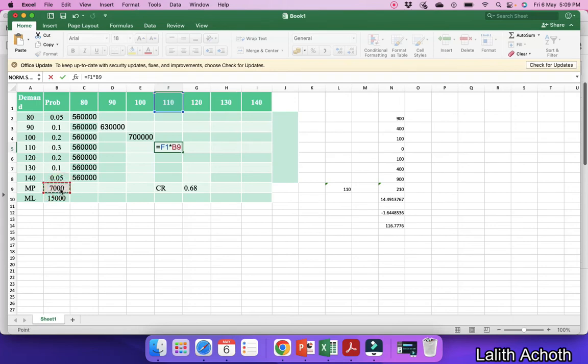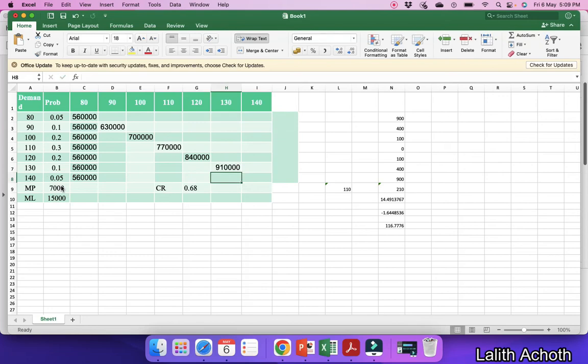He will realize this profit. So when his inventory is 120, demand is 120, he can sell the entire quantity and he will make a profit of 8,40,000. When his inventory is 130, demand is 130, he will make 9.1 lakhs. And when his inventory is 140, and he also has a demand of 140, then all of the inventory will be sold and he'll make 9.8 lakhs.